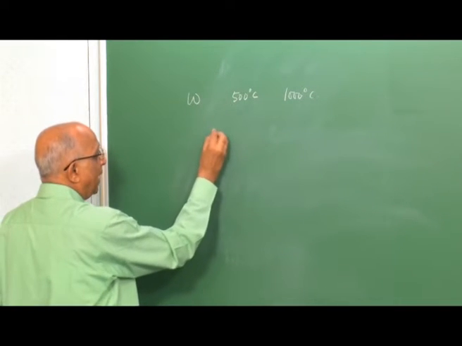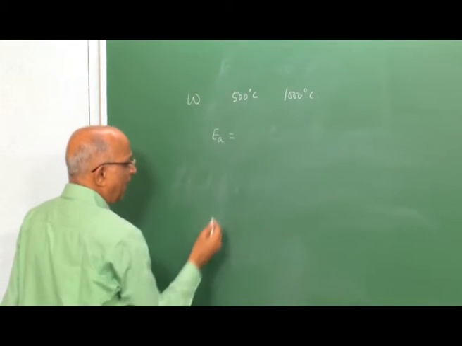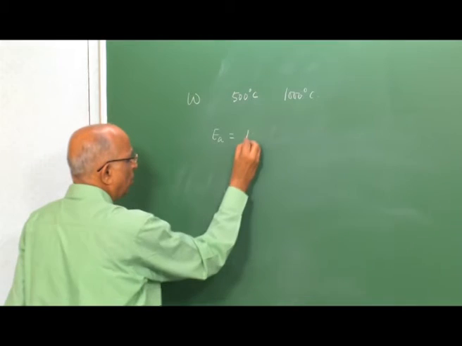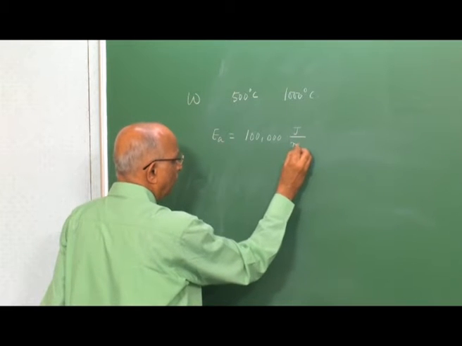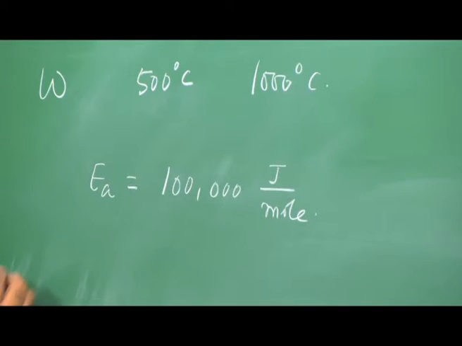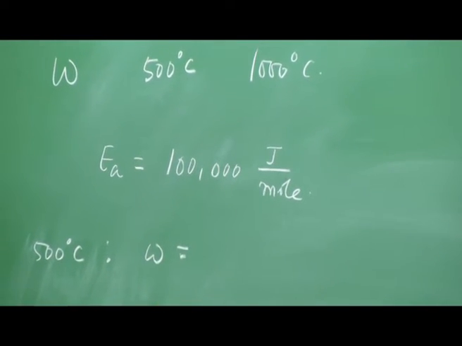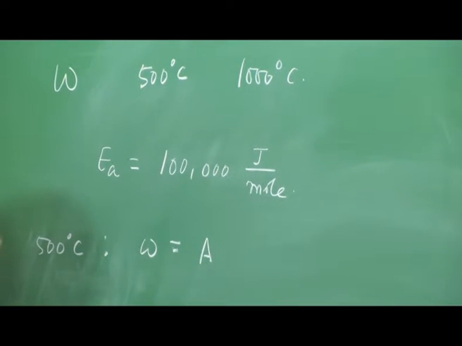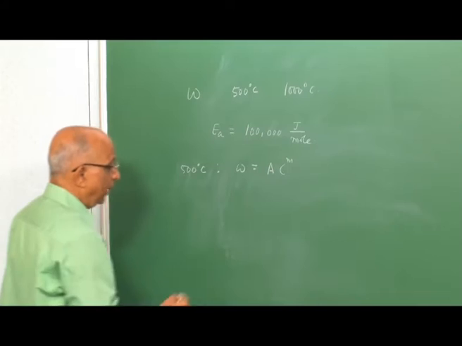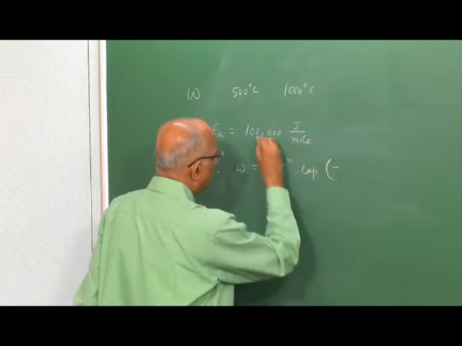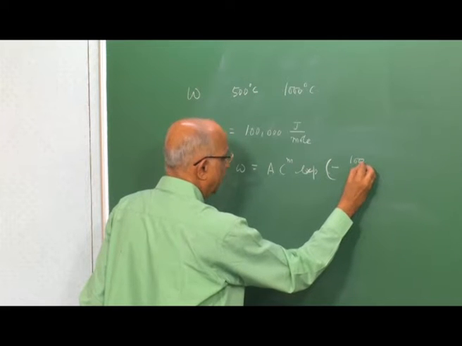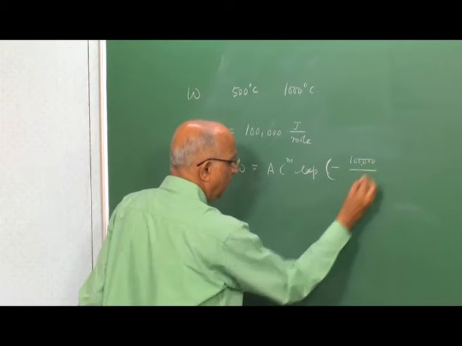I have the activation energy of this reaction. Well, we say activation energy is of the order of 100,000 joules per mole. Therefore, at 500 degrees centigrade, the rate of a reaction omega, as per what we wrote down, is equal to A into C to the power m, mth order, into exponential of minus EA, that is activation energy 100,000, divided by R naught.